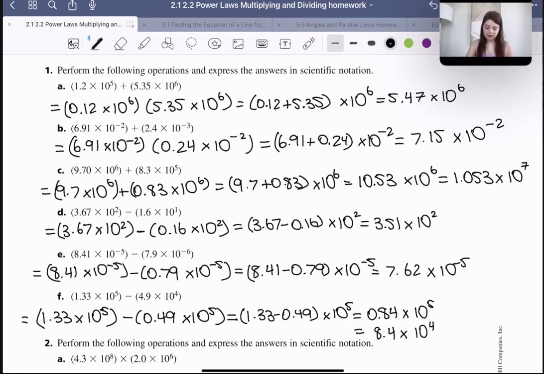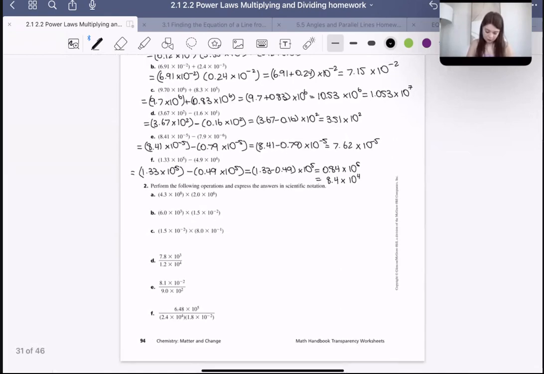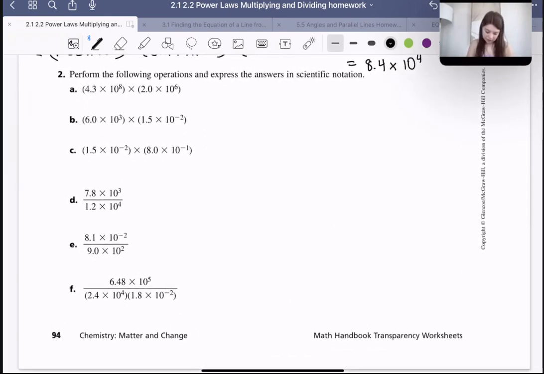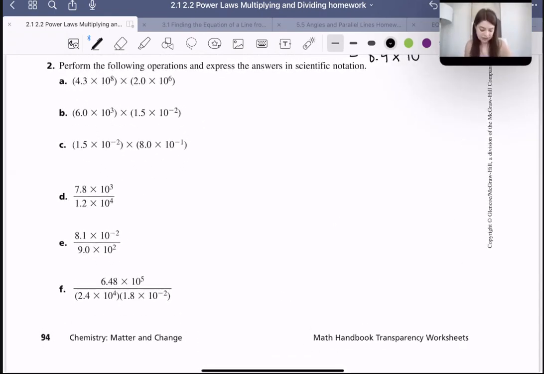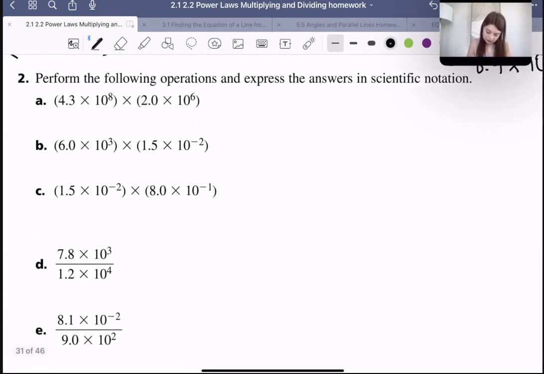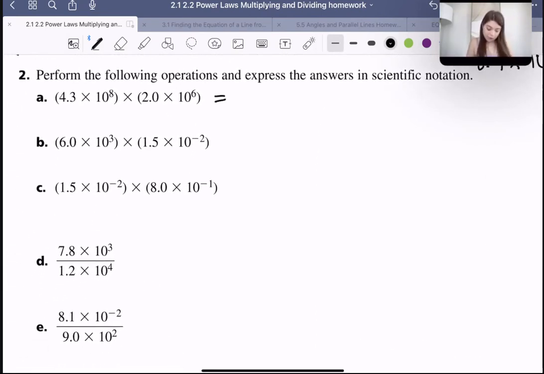Okay. Now let's move on to part 2, where it says perform the following operations and express the answers in scientific notation. So what do we do for A? What I'm going to do is multiply 4.3 times 2, which is going to be 8.6, right? So 8.6. And then we have 10 to the power of 8 times 10 to the power of 6, which, as we know, when we multiply exponents together with the same base, we add the exponents.